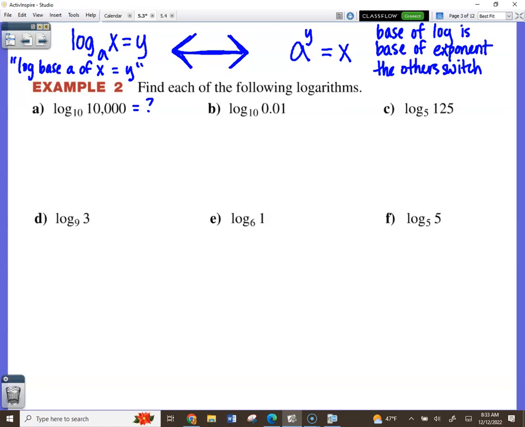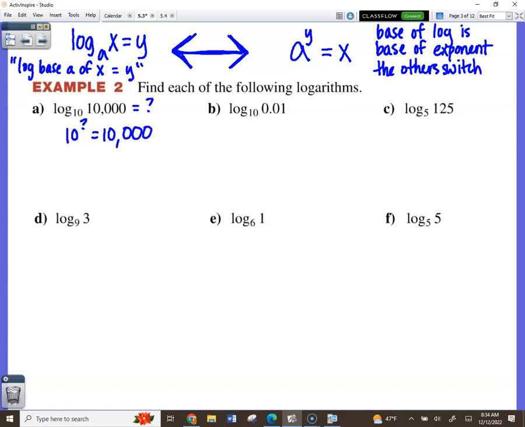All right, so here we go. The base of the log is what here? 10. The other two switch, which means that the part that's coming over here next to the 10 is going to go to the exponent's place. And then you ask yourself, 10 to the what power is 10,000?